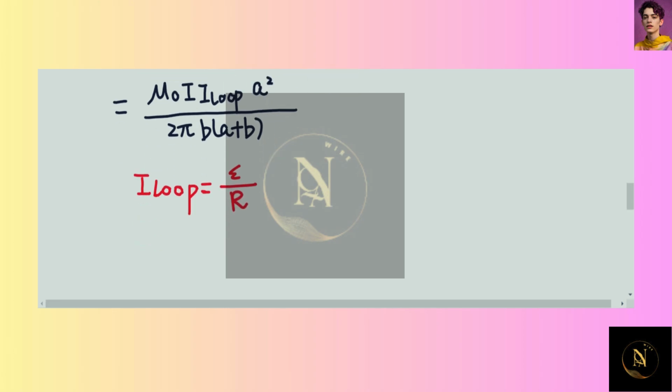And this will give us mu0 I A squared V over 2 pi B times B plus A R.